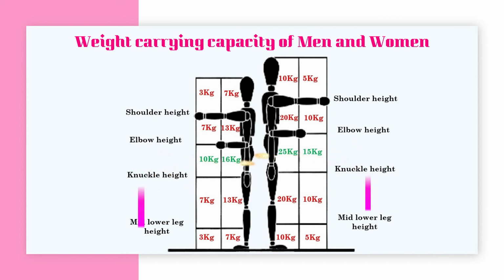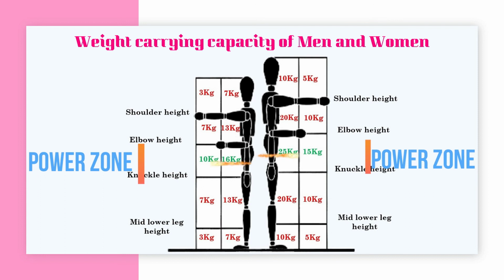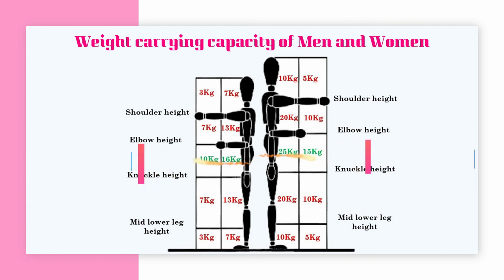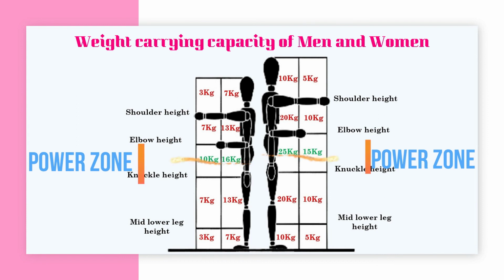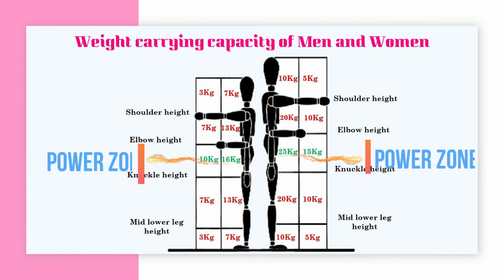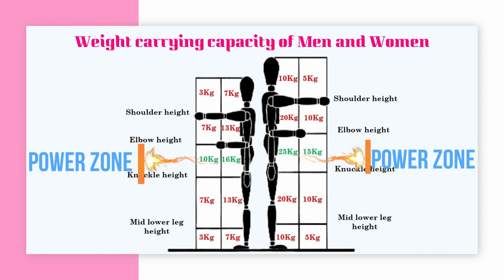So from this we understood that the center of gravity of the load should be as close as possible to the center of gravity of the person who is handling it. When the center of gravity of the load is closer, the strain on the back comes down, as 1 kg weight close to the body exerts 10 kg force onto the muscles of the back.